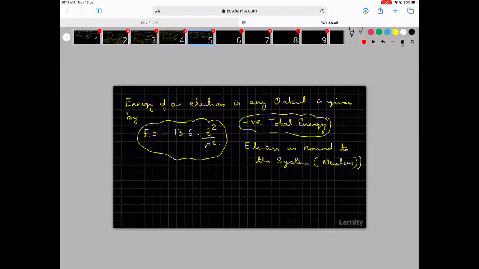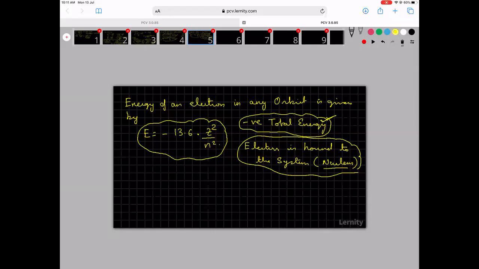That means the electron cannot escape and cannot go out. It has to be within it is bound by the nucleus. The earth is bound by the sun. So the earth cannot move out of the solar system. The same way, the electron is bound to the system. In this case, it is bound to the nucleus. Whenever any object has a negative total energy, it means that it is bound. So we have a negative total energy. Every object on the earth has negative total energy.